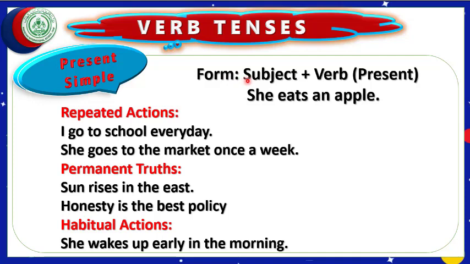In present simple, when we write a sentence, first of all we write the subject. Then there is the verb, which will be in present form. For example, she eats an apple. Eats is the verb, she is the subject.